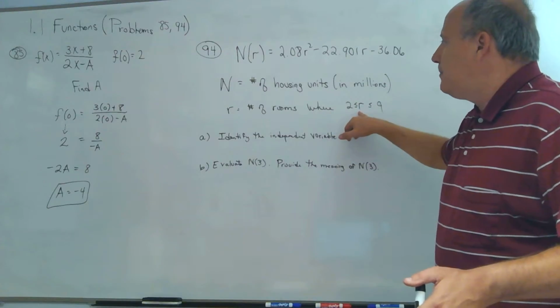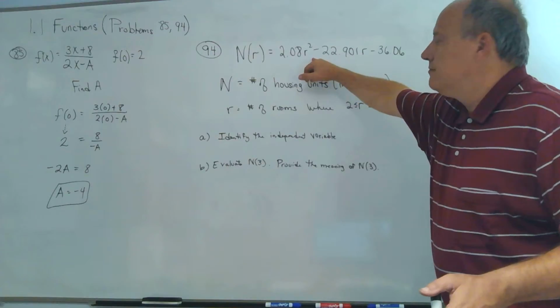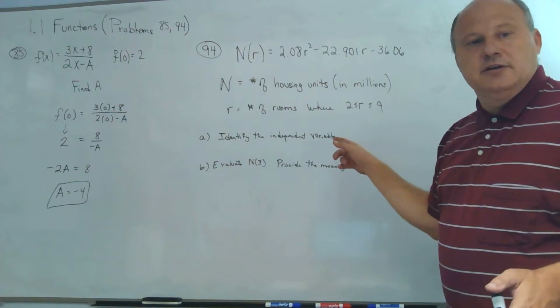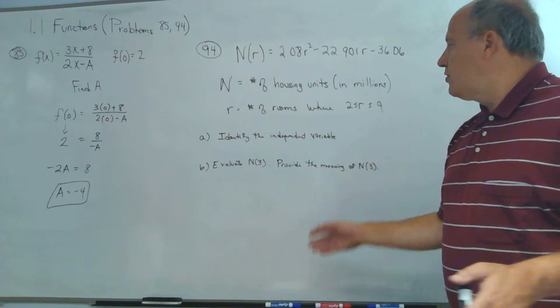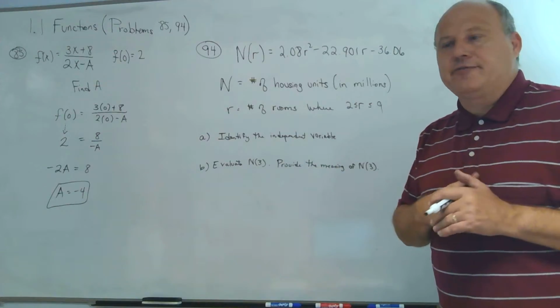So if you want to know how many millions of houses have 2 rooms in it, you'd plug 2 in. Same thing if you want to plug 3 in. Notice the R is 2 to 9, so you don't have any housing units that have 10 rooms in it. It's only from 2 to 9. So that's the domain of this particular function.